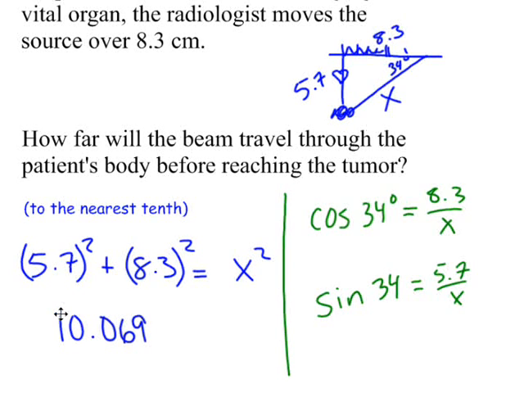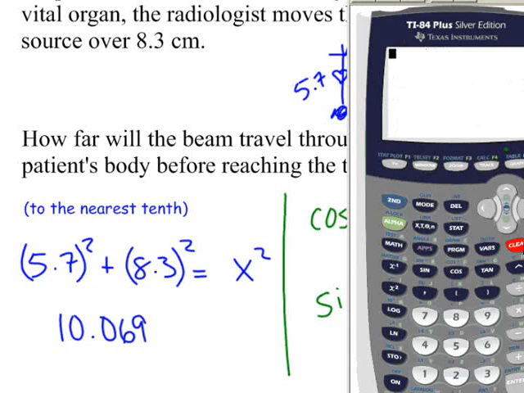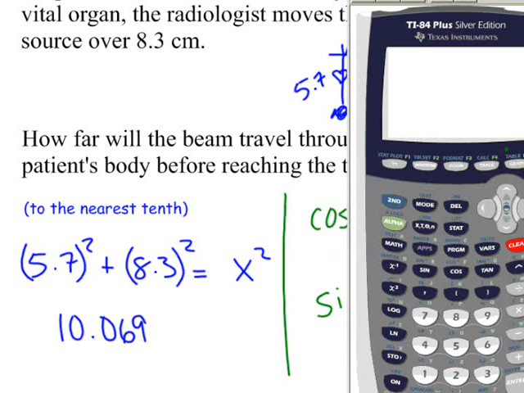Now here's the problem: because I've rounded 34, these are going to be slightly off. So you probably don't want to round in your calculator. When you did the inverse tangent, you use that angle.